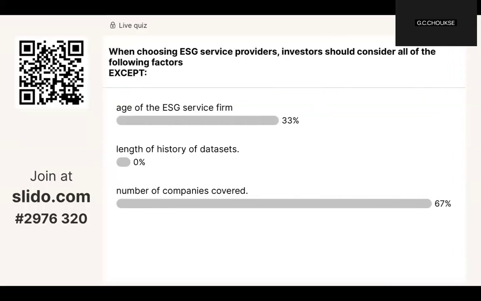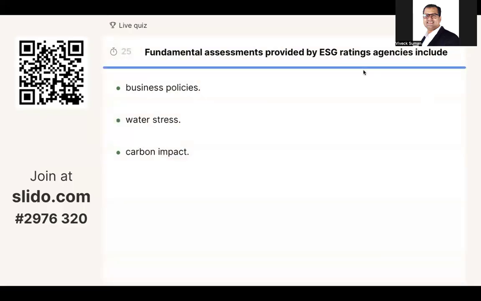Correct answer is age of the ESG service firm. Yes, that should not be considered. You definitely want to know that the company exists. Correct. That you should not look at, this is optional. Even though a company is new, if it is giving you the value, we'll go ahead with it. Next one, Nilesh ji.